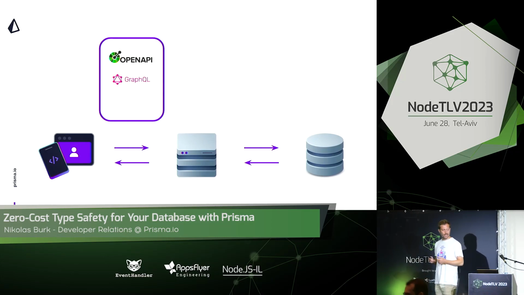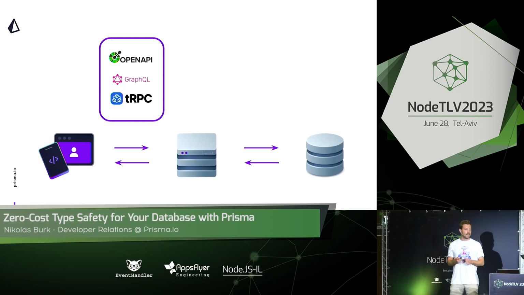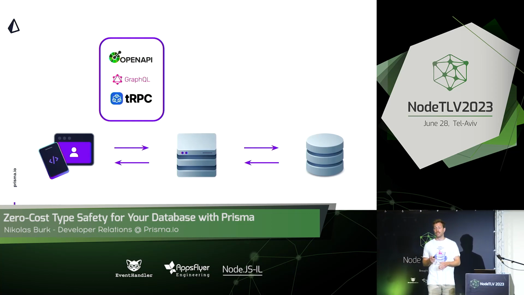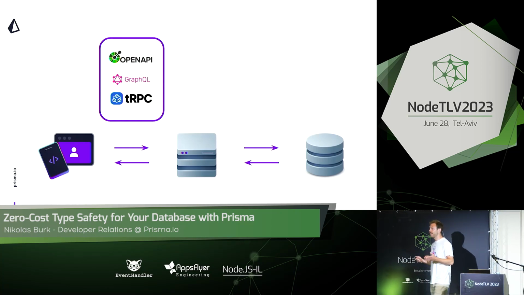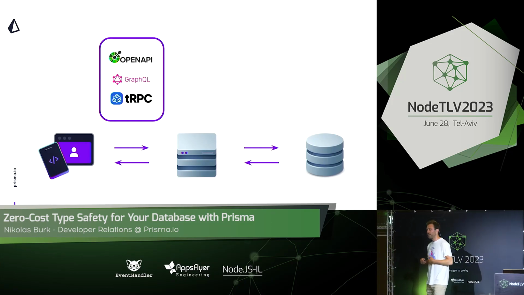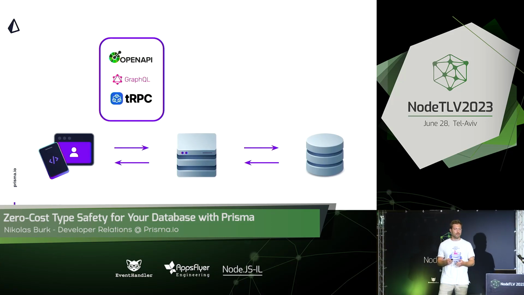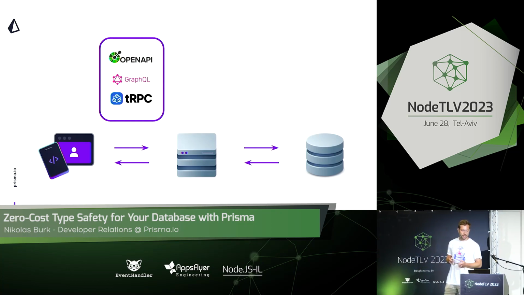We have GraphQL, and we have a fairly new technology that's called tRPC that you can use when you're only using TypeScript on the front end and on the back end, but that wouldn't support, for example, a mobile client. So if you're also building an Android app or another kind of mobile app, then you wouldn't be able to use tRPC. Then maybe a tool like GraphQL would be a little bit more appropriate.